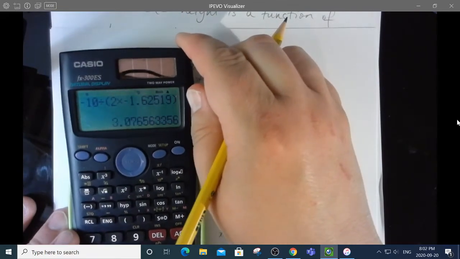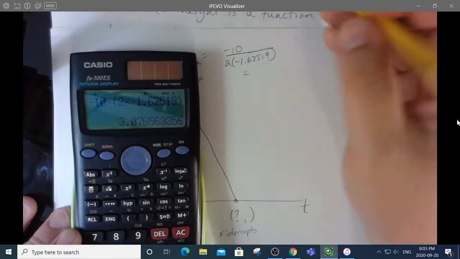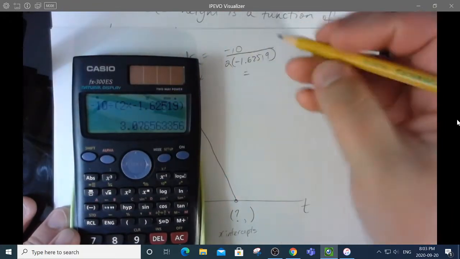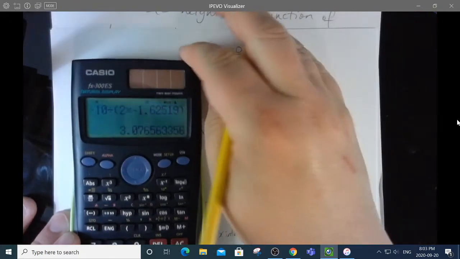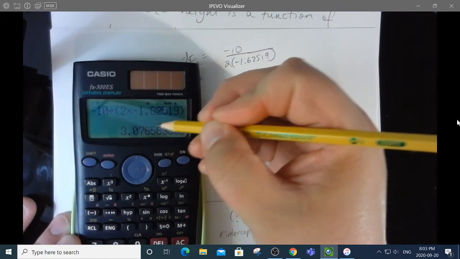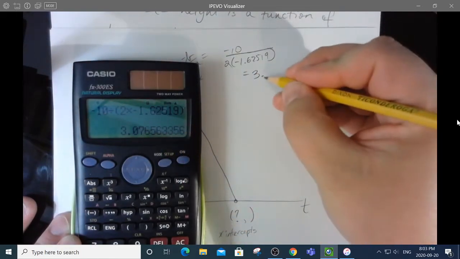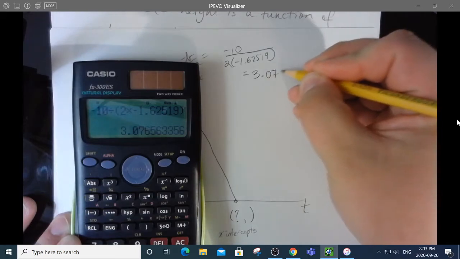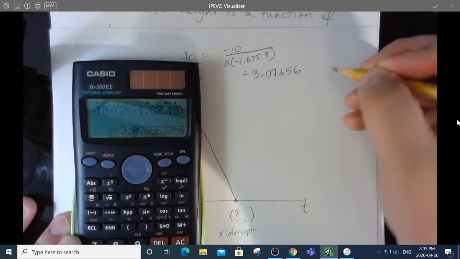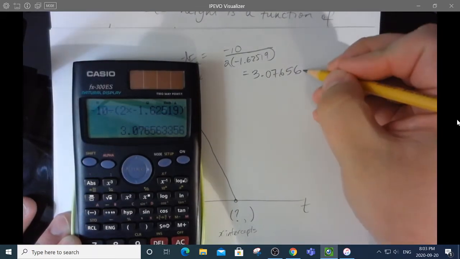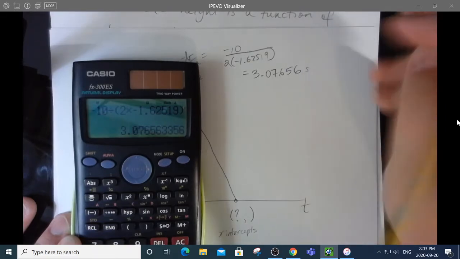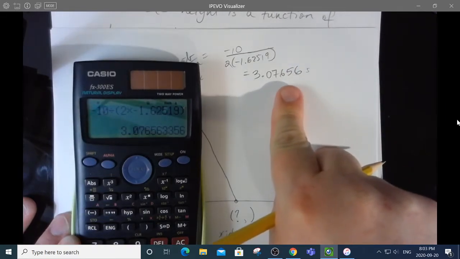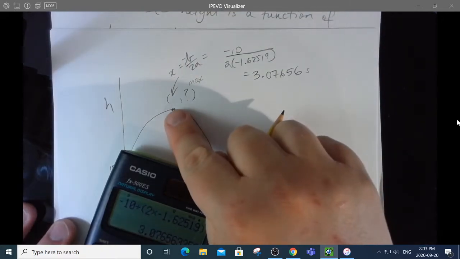My original function had 5 decimal places, so I'll round it to 5 decimal places. This will be really accurate. So 1, 2, 3, 4, 5, the thing after the 6 is a 3, so I leave that as a 6. So 3.07656. That's the x coordinate, which is, of course, the time in seconds. So it takes 3.07656 seconds to make it to the peak.